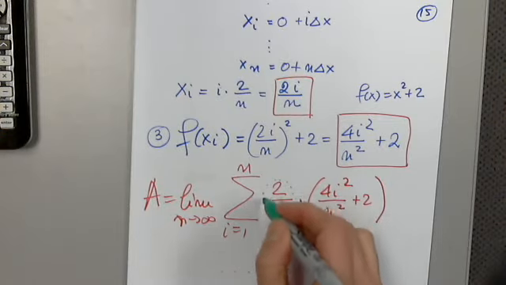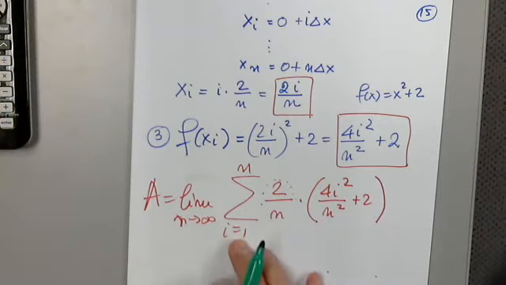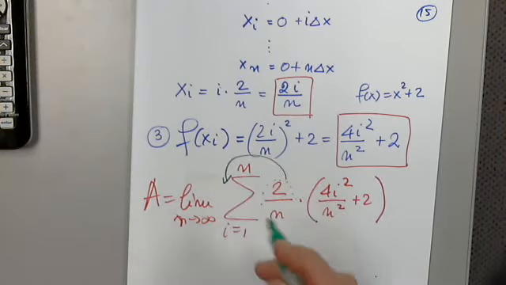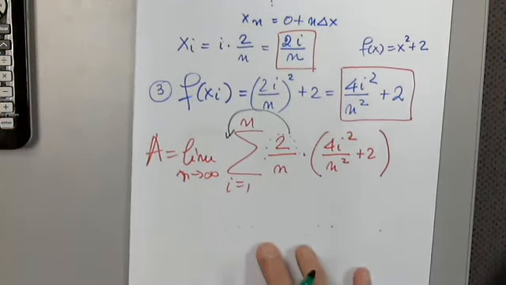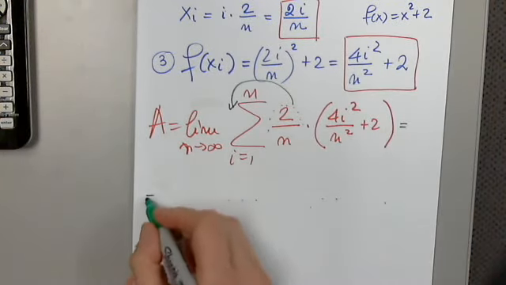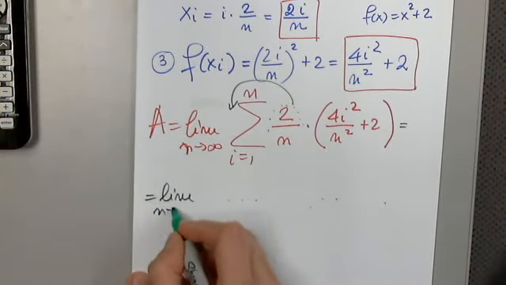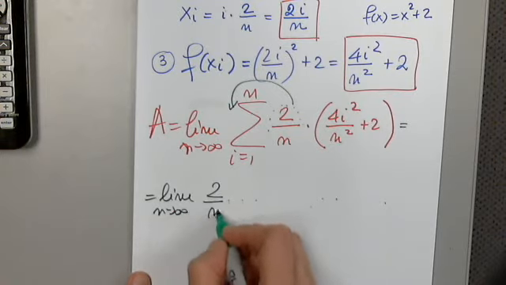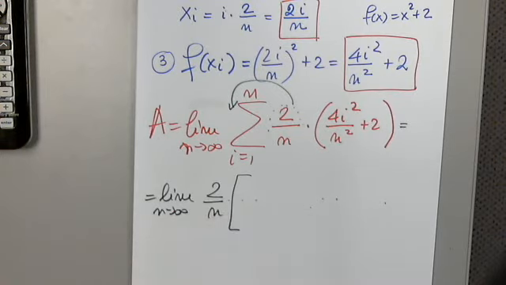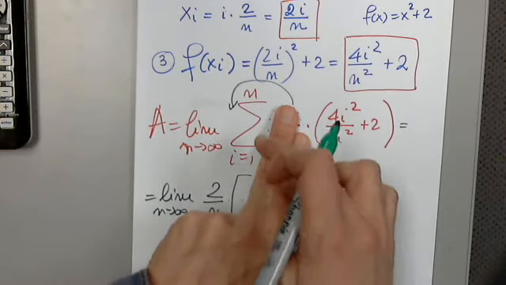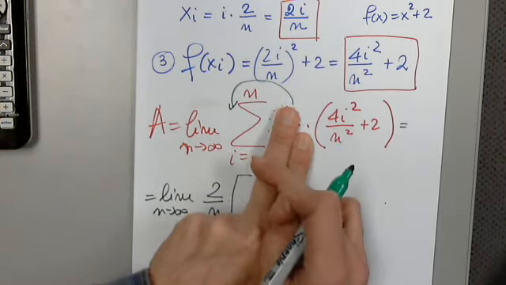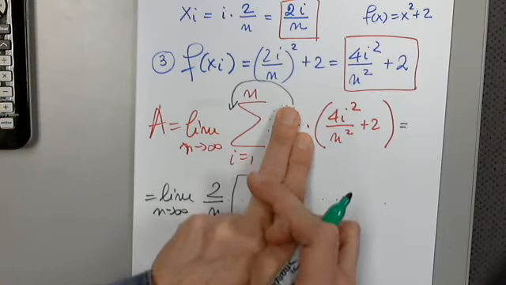This is a constant in front. It's a factor. It does not depend on i. It will be put in front of the summation notation. Limit, n approaches infinity, 2 over n. And now, once this is out of the way, what was the first property of the summation or sigma notation we looked at?